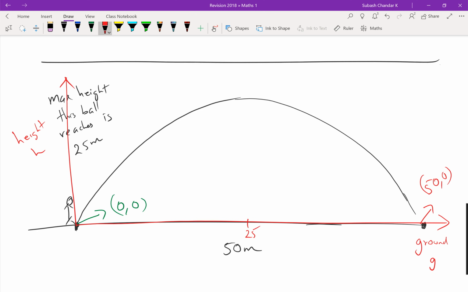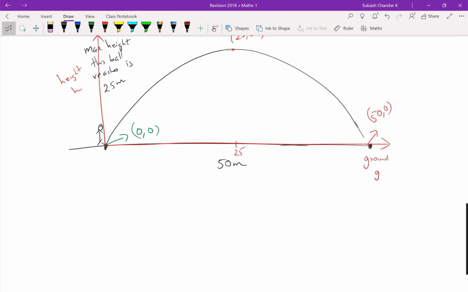Why did you go 25, 25? Yes. Yeah, sorry, 50 meters on the ground. So 25, 25 is that middle point right there when the ball's at the highest of its peak. So I'll leave this question for you guys. Come up with an equation of this parabola.